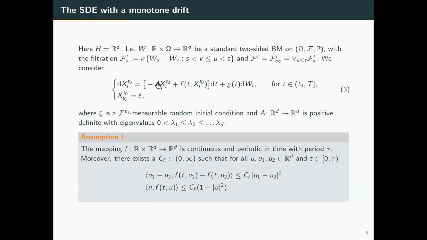And for the linear operator A, I will assume it is positive definite with all the eigenvalues being bigger than 0. And the smallest one will be denoted as λ1. And for the nonlinear parts, F and G, they will be periodic in time with period tau.